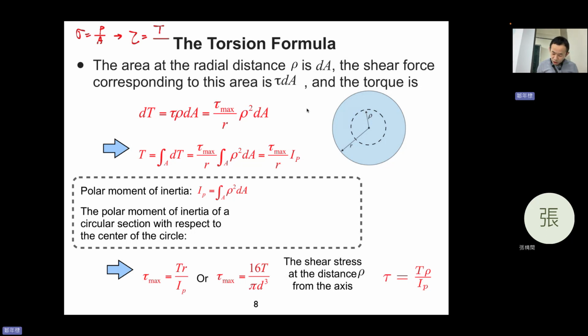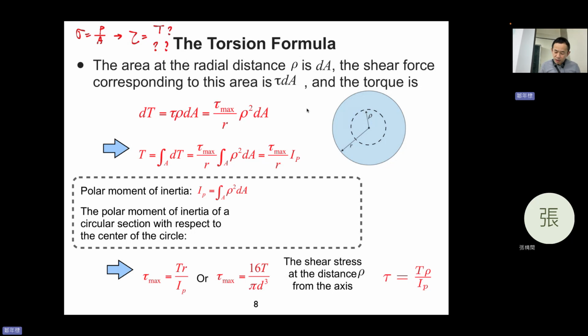What's the relationship between the shear stress and the applied torsion? This relationship is really similar to sigma equal to P divided by A, but how is tau related to torsion? This is called the torsion formula.